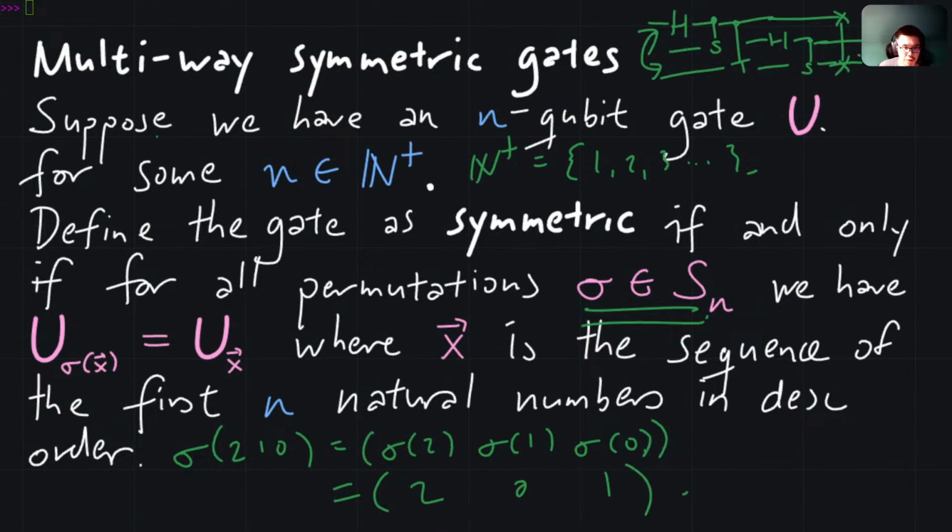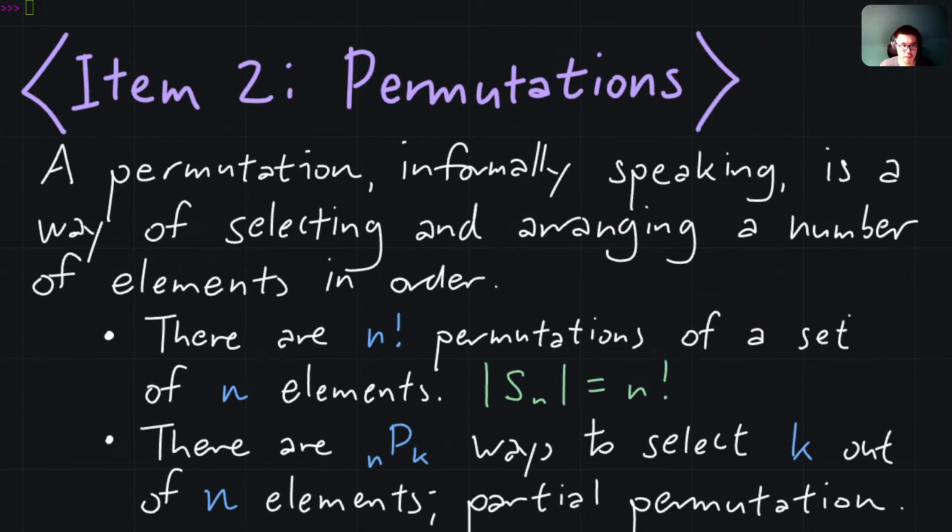We will demonstrate that the permutation, the U of sigma of the sequence, does not equal U of the sequence. So we say that this U is not symmetric. In this case, the U I'm referring to is a 3-qubit 2-input gate.